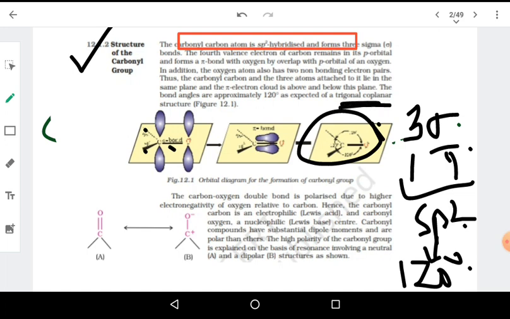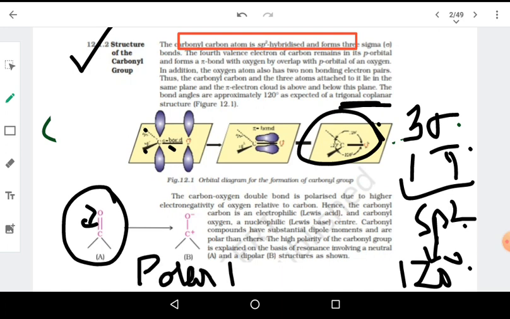Now if we take the compound, we can see that oxygen is present and this oxygen is highly electronegative. Since the oxygen is highly electronegative, it will try to pull away the electrons from the double bond like this. So there is a possibility that the oxygen will get a negative sign and carbon will get a positive sign. So we can say it is a polar bond. That is an important point.